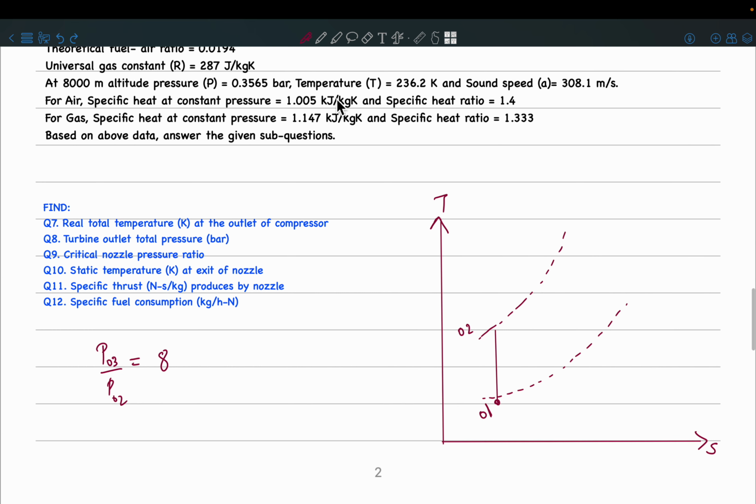And then this is for the turbine. Now I'll rename these pressure values accordingly.